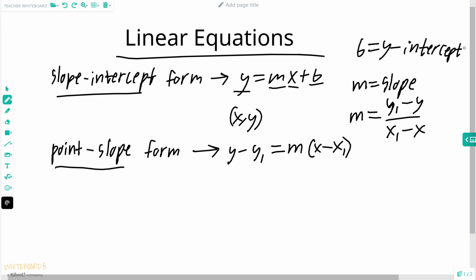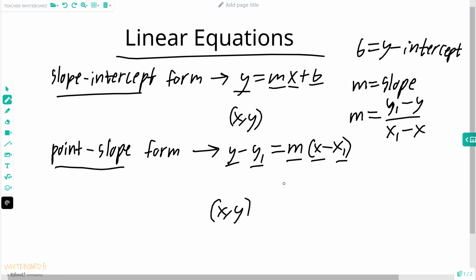But for point-slope form, it's similar but a bit different. m is still going to be the slope. So m is still going to be slope either way. And of course, the y and the x values are still going to be variables in the equation. So they're always going to be y and x, either way. But the x1 and y1 values, these are constants. So they're going to be numbers when you put them into the equation.